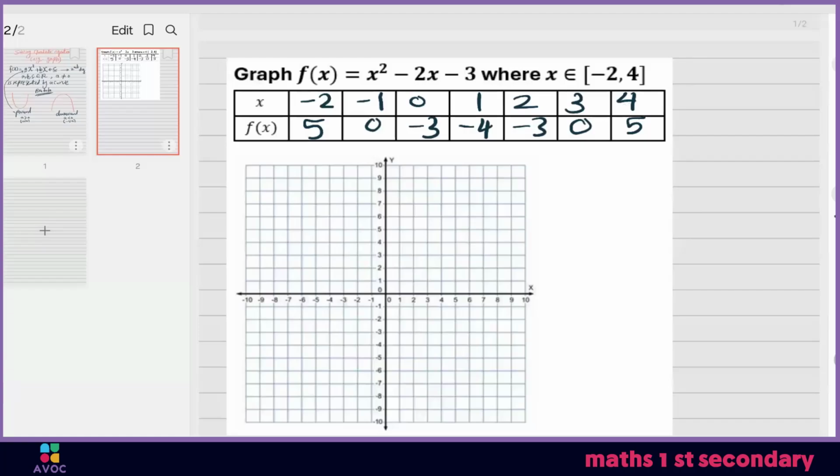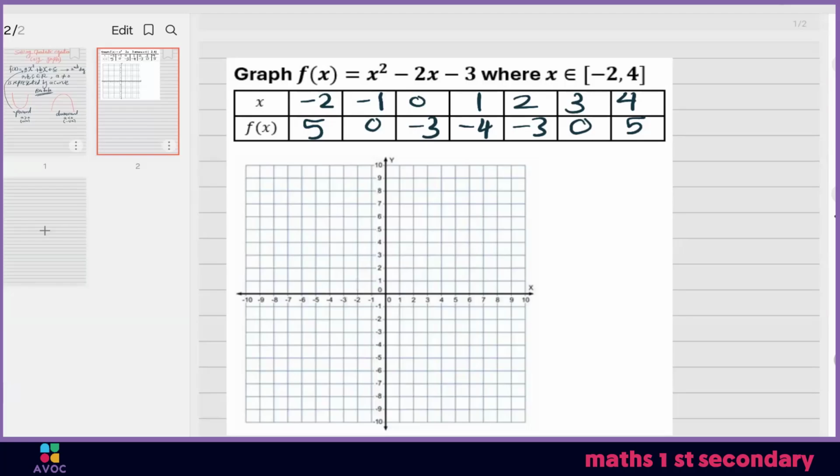Now, we prepared the table to graph the function f of x equals x squared minus 2x minus 3. When x equals negative 2, f of x, which is y, is 5.